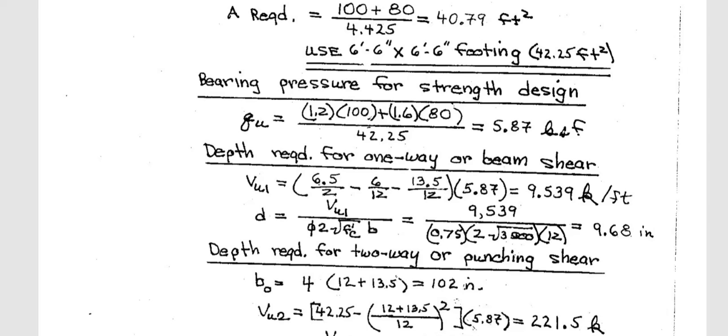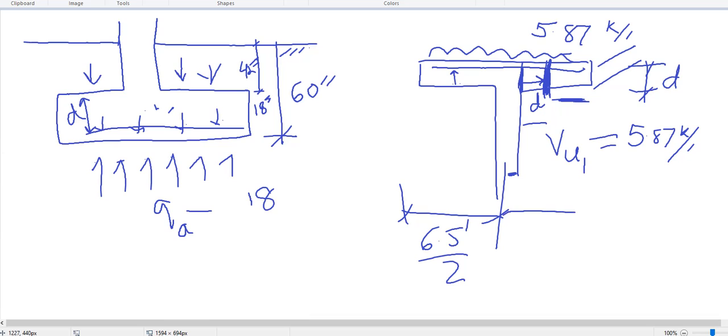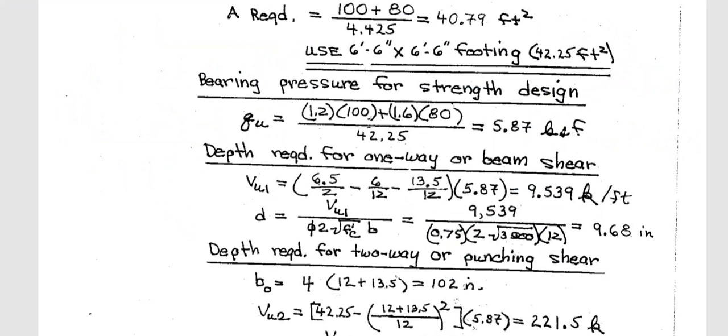So if I go back to here, what it is doing, here to here is 6.5 by 2 minus this half of the column 6 inch minus this 13.5 inch. Sometimes it looks confusing, but it is very simple. Then times 5.87. This is feet, this is kip per feet square, multiplying gives kip per feet.